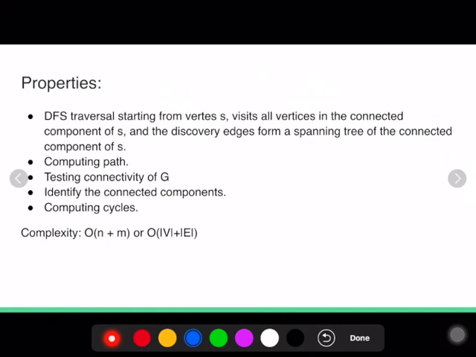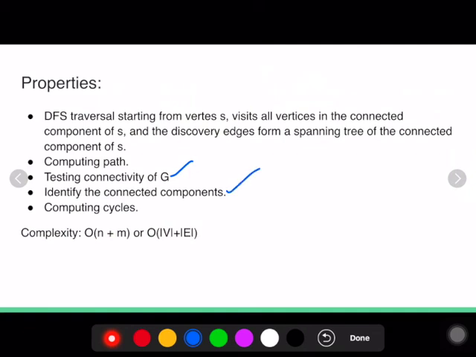And the DFS algorithm basically makes use of a stack for the implementation, and as and when there is a vertex that is not yet visited in the graph, the DFS algorithm will rerun on that particular vertex, which will indicate that there is a connected component in the graph. DFS is also used for testing the connectivity of the graph, because we can check whether every pair of vertices is connected or not, and we can identify the connected components.